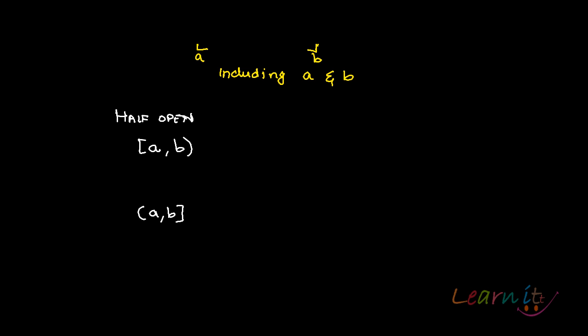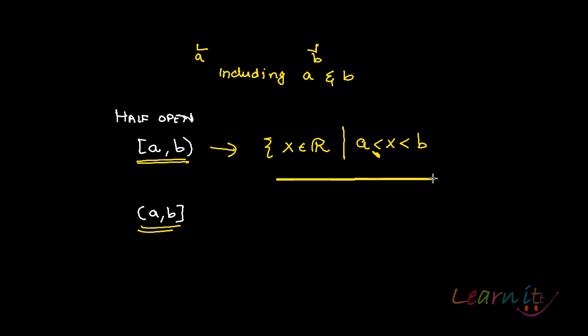Now what do I mean by this symbolization? With this symbolization, I am denoting the set of all x such that x lies between A and B, and x can be equal to A also, because it's closed at this end, at the end of A. So it is including one endpoint and not the other.